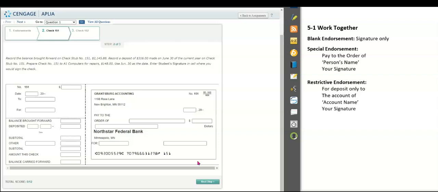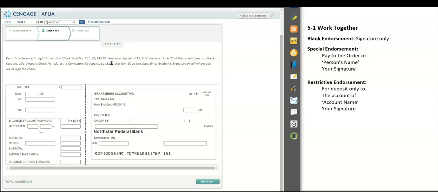So if you were to write a check, this is your check that you would write, and then you keep the check stub in your checkbook or whatever, okay? So first thing we're going to do is record our balance brought forward on check stub number 151. See here, number 151, $2,145.88. So right here it says balance brought forward. So in this box, $2,145.88. Again, you don't need to type the parentheses.